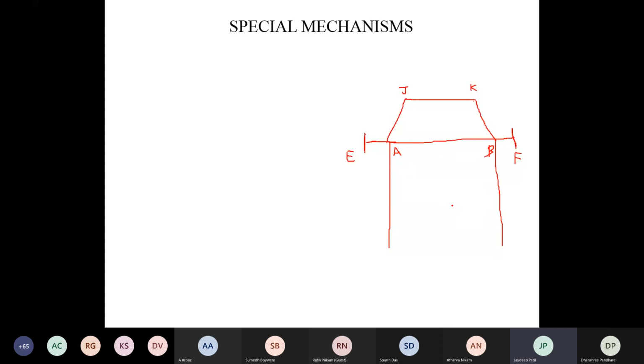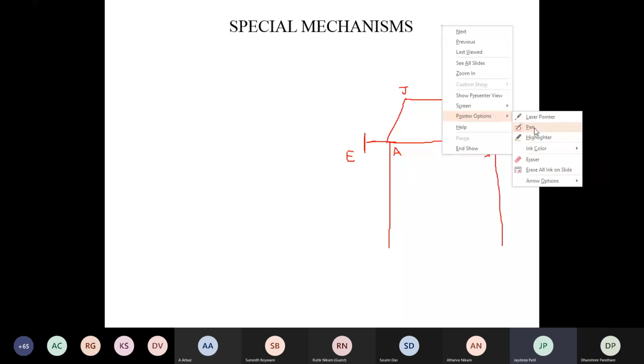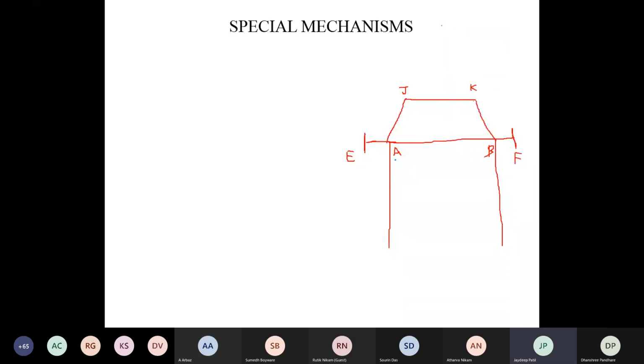Now here, while the vehicle is moving on a straight path, the links AJ and BK are at an angle alpha with the vertical.